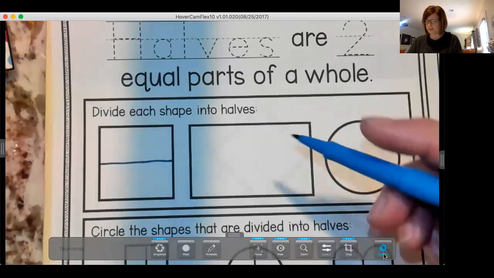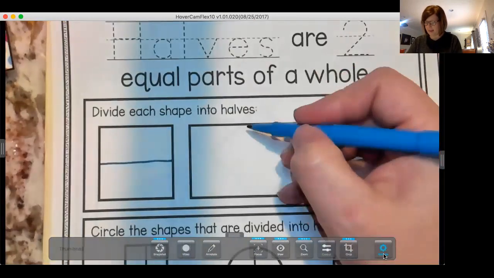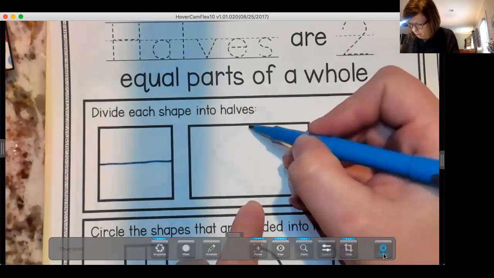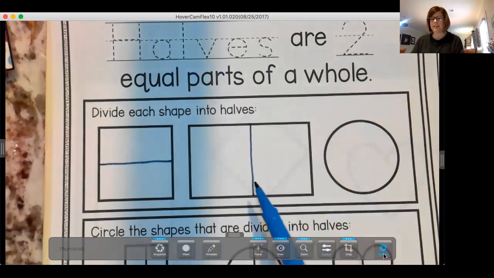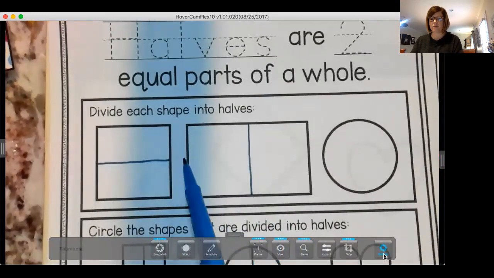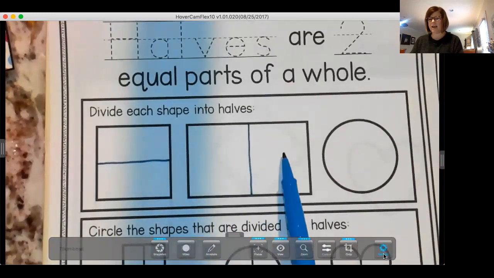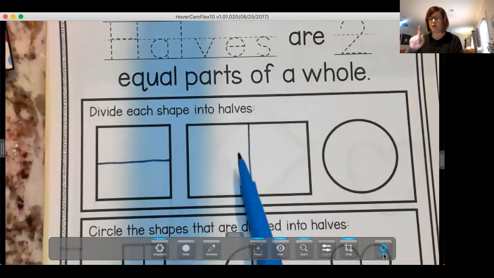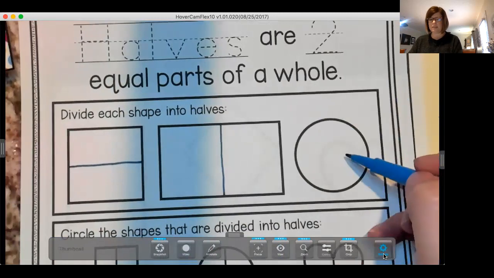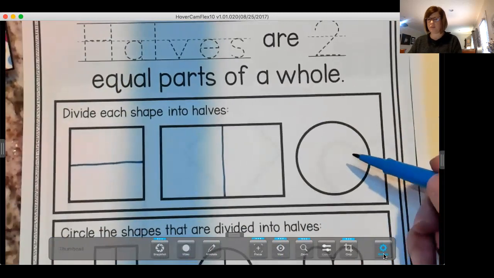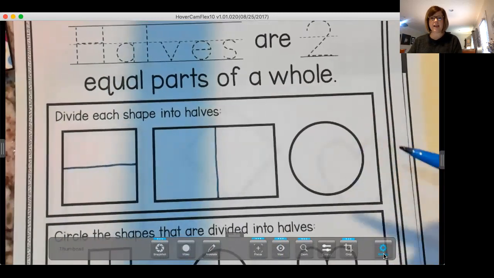All right, here, this rectangle, I'm going to split in half. And I'm just eyeballing it. It might not be perfect, but I'm splitting it into halves. This is the first half. This is the second half. Put two halves together, you get one whole, okay? And what shape is this? A circle, good. And I can split it in half, right?